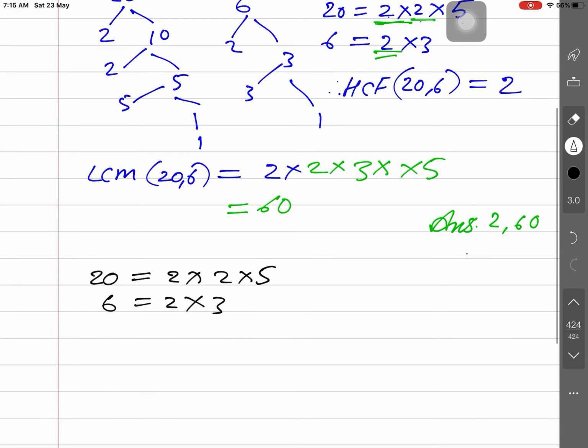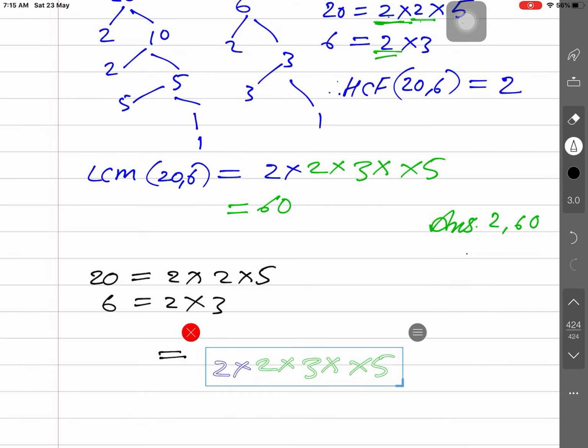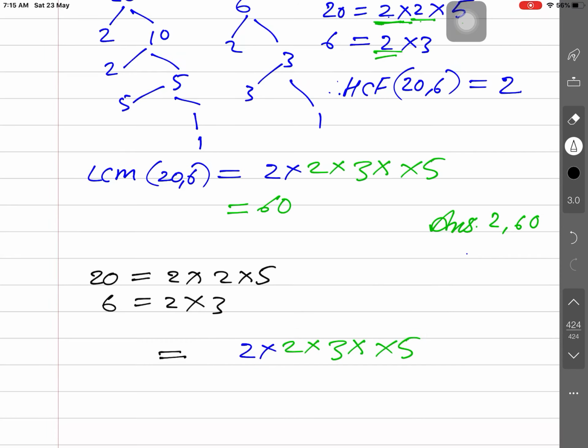You may see 2 into 2 into 2 into 3, 5, the green appearance of the letters. 2 3s are 6, 6 5s are 30.